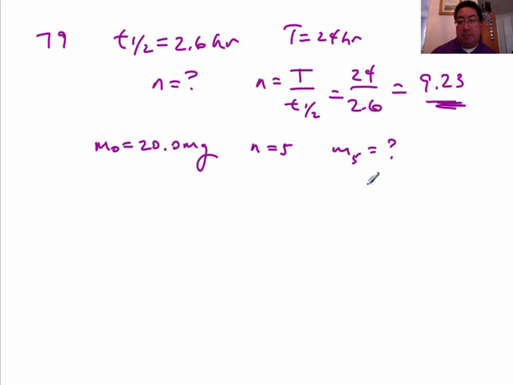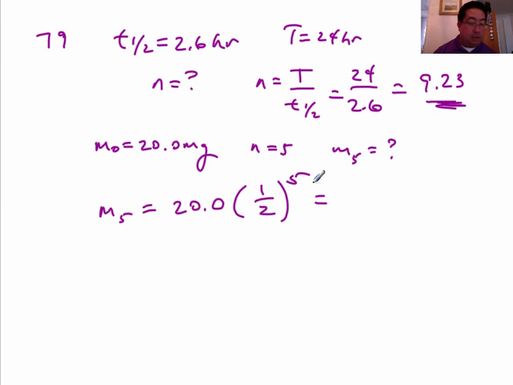Again, you can divide by 1/2 5 times, 10, 5, 2.5, and so on. Or you can use the equation. So the mass after 5 half-lives is equal to 20.0 times 1/2 to the 5th. Either way, you're going to get the same answer. So 20 times 0.5 to the 5th.